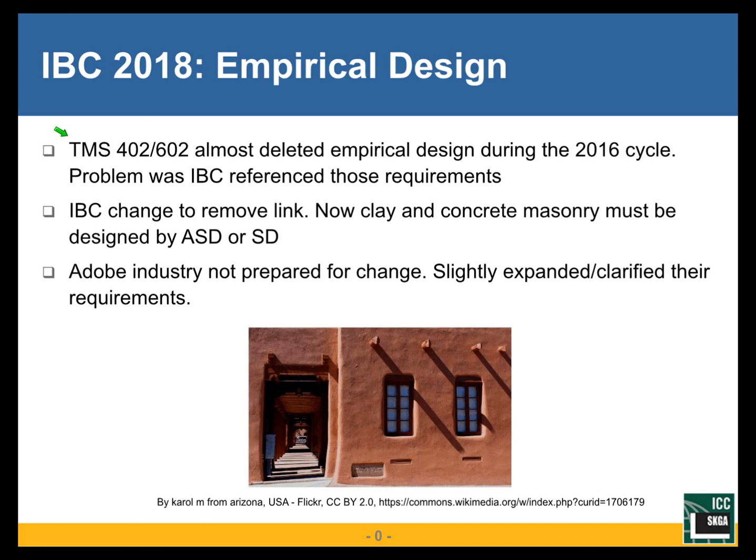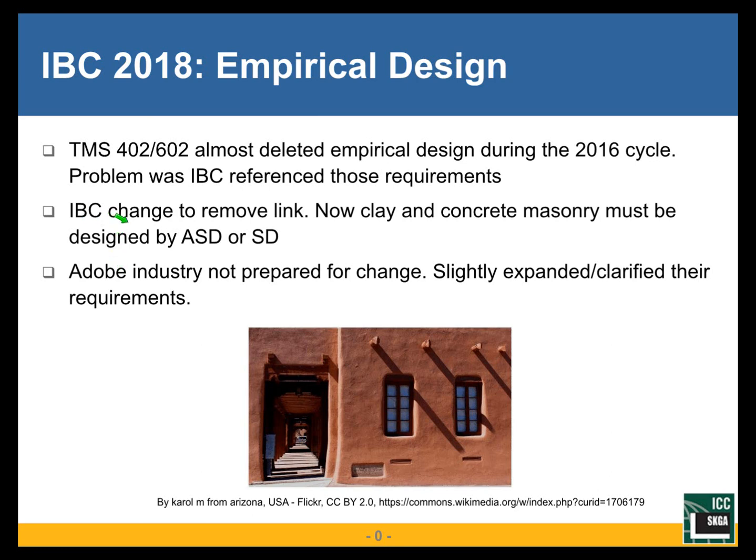TMS 402 almost deleted empirical design. Empirical design is in an appendix. It's very limited in scope. But the problem was that the IBC actually used empirical design for Adobe. So if we removed empirical design, there was nothing at all left for Adobe.